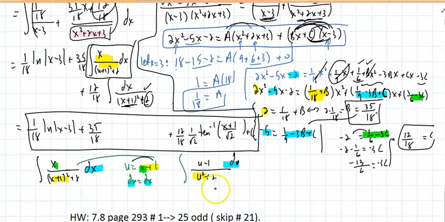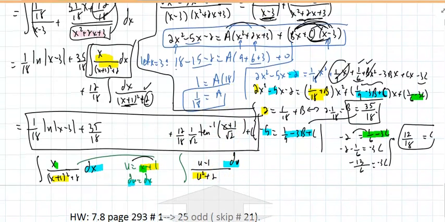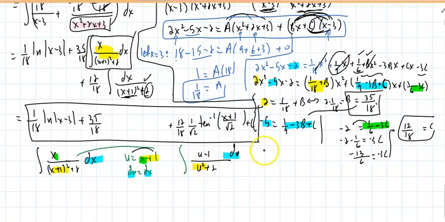So if I take this and I say this is the integral of u over u squared plus 2 minus 1 over u squared plus 1 du.